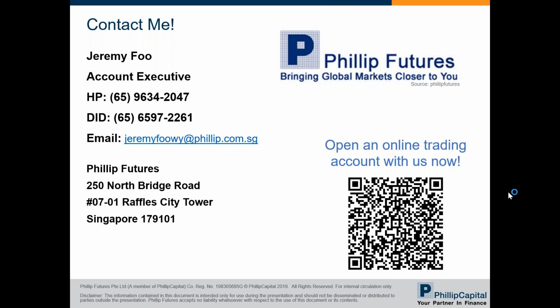There's a follow-up question: what is the difference between Nova and MT5? The Nova platform is our futures trading platform, so mainly it's only futures trading. MT5 is a Forex and CFD specific trading platform. Depending on the product you want to trade, you have to go to the different platforms accordingly.